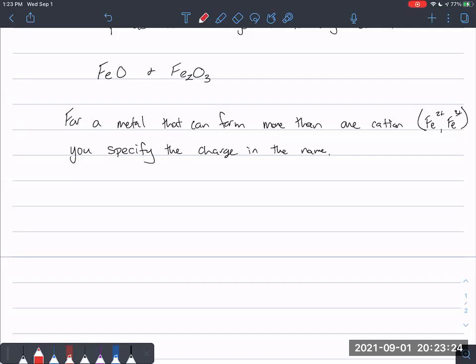So for example, this is iron(II) oxide. And this is iron(III) oxide. So we specify the charge using Roman numerals in the name.